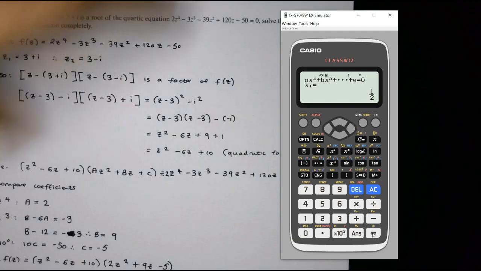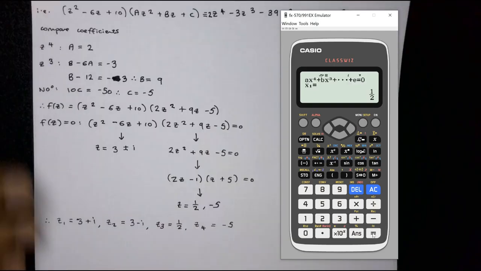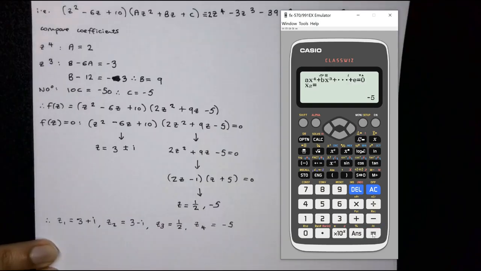So you can see here, indeed, we get a solution of 1/2, we get another solution of minus 5, we get another solution of 3 plus i, and another solution of 3 minus i.